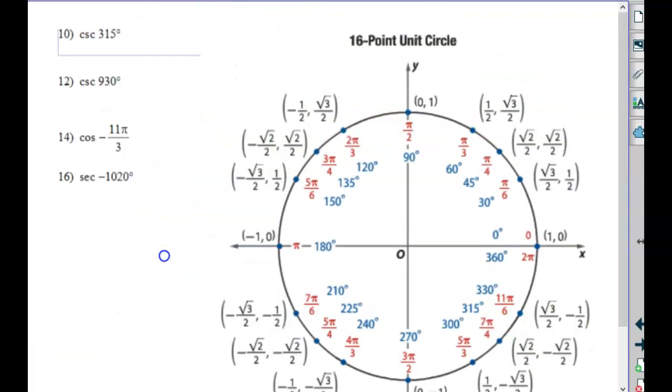Yes, yes. Let me just do 1 or 2 real quick on this little slide I have, and then we'll do those, because those aren't using the unit circle. If I remember right, this one's a quadrantal. Negative 1020. Here you want to add 360s. I think you have to add 3 of them. If you add 360 3 times, what do you get?